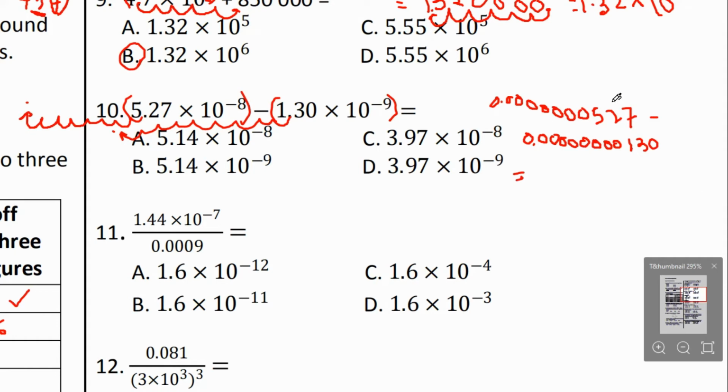Then you do this in your calculator, you will have 0.0000000514. Okay, change it to standard form. So 1, 2, 3, 4, 5, 6, 7, 8. So the answer is 5.14 times 10 to the power of negative 8.